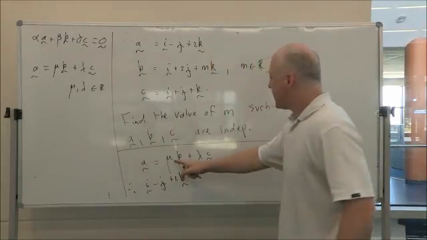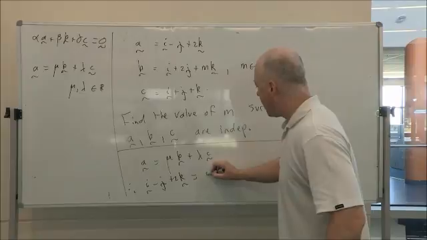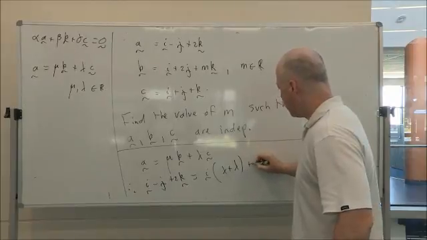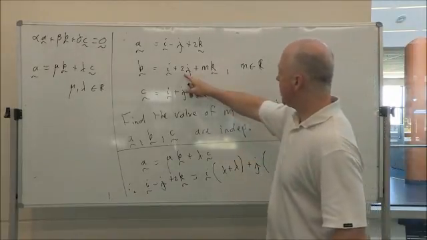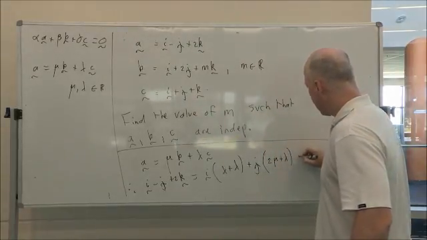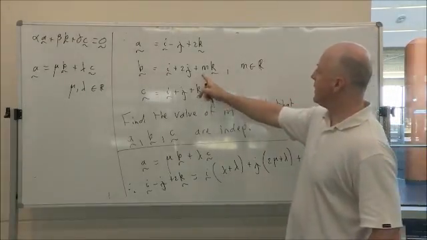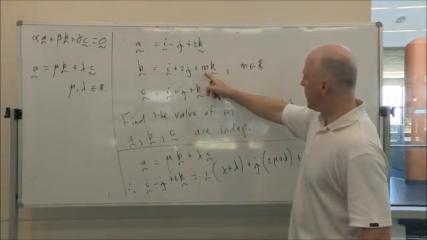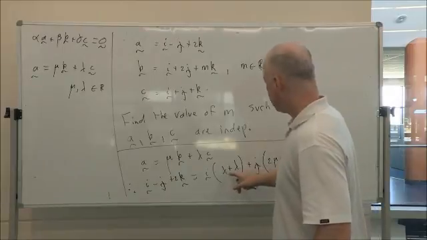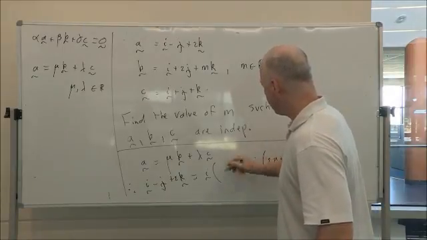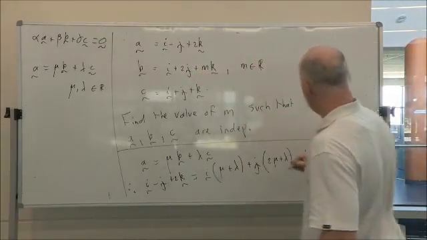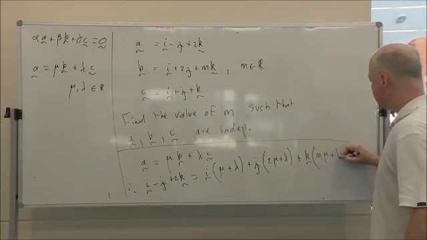Now, mu b plus lambda c is going to equal i outside of a mu plus a lambda, a j outside of 2 mu plus a lambda, and the coefficient of k is going to be a m mu plus lambda.